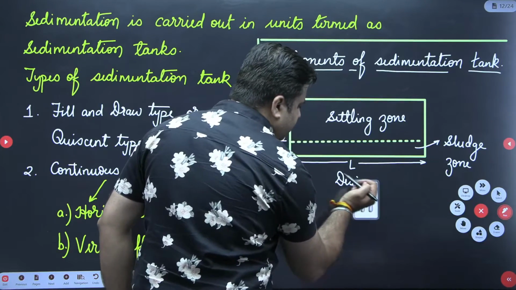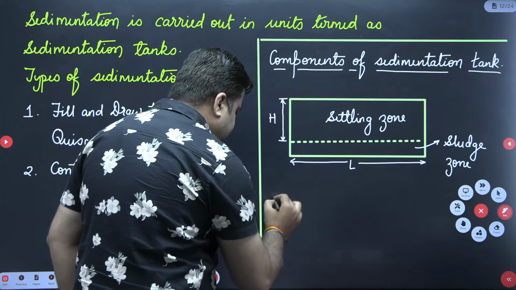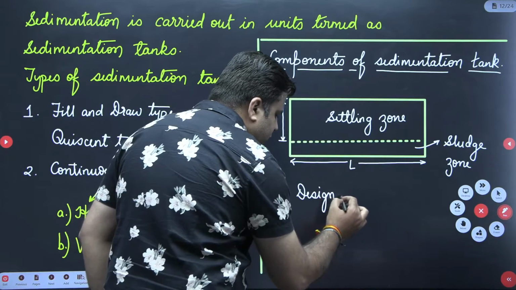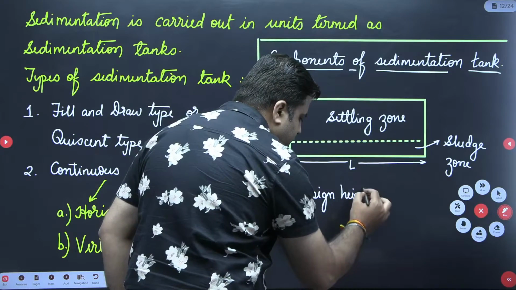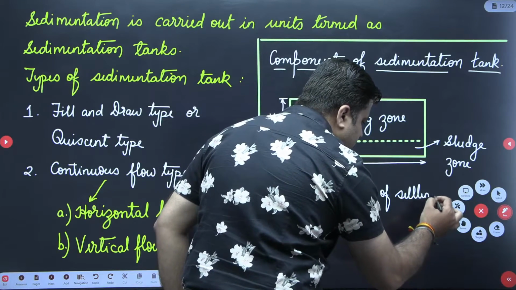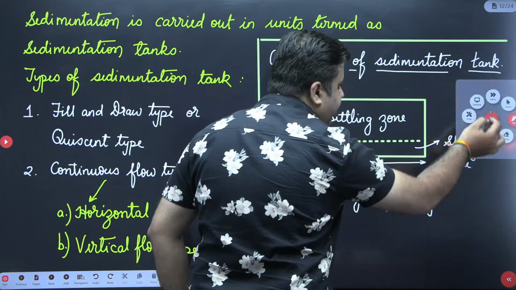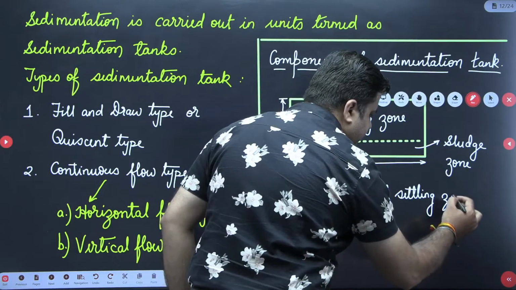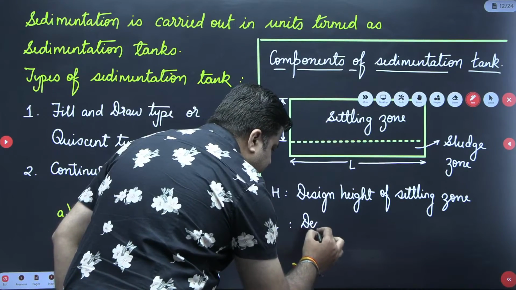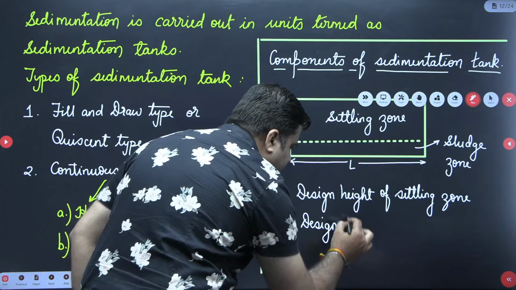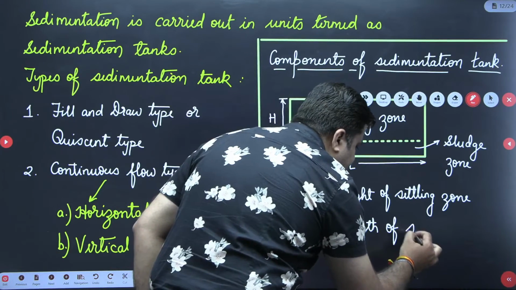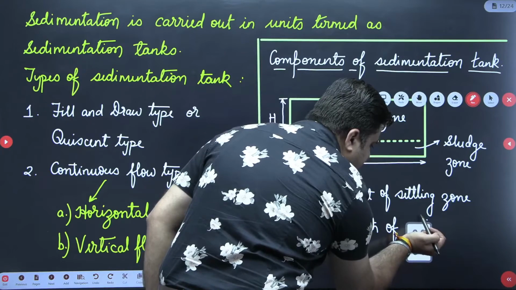H is design height of settling zone, and L is design length of settling zone or settling tank.